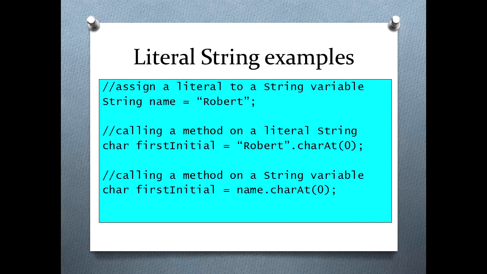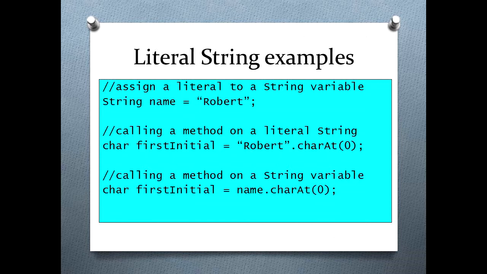So 0 is the first position, 1 is the second position, 2 is the third position and so on. Here I have given the string as Robert, so directly I can invoke Robert.charAt(0). It gives you the answer as R, capital letter R.